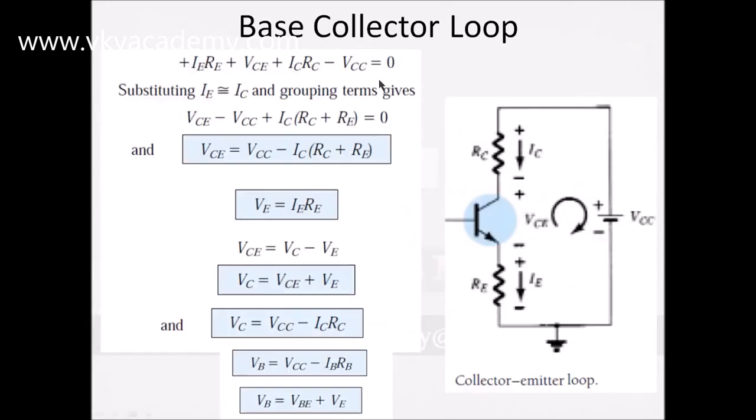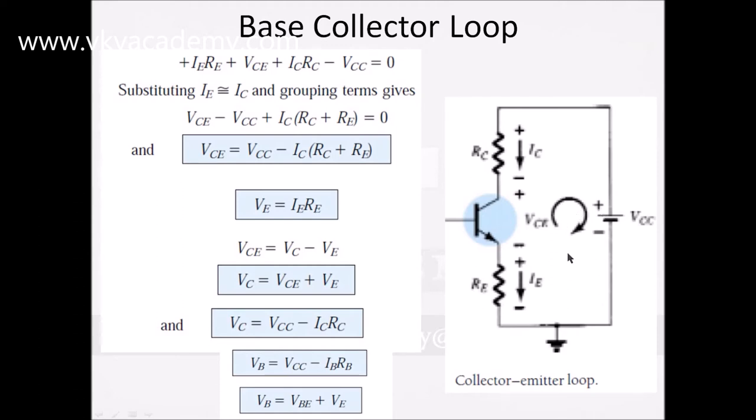Now the collector emitter loop, or the output loop. Here the loop is like this. Let us start from IE RE. So plus IE RE plus VCE plus IC RC minus VCC.